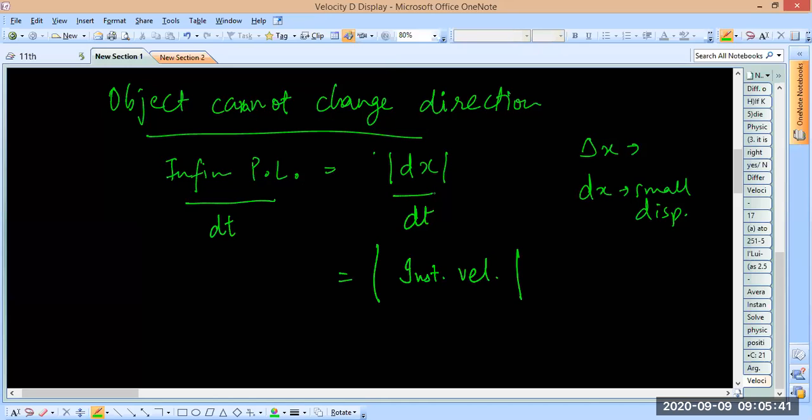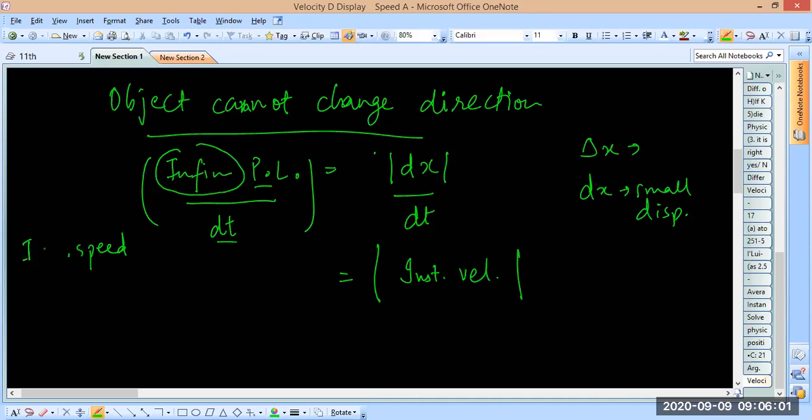On the left hand side, this is path length upon time interval, which should be called average speed. But this time interval is infinitesimal, so we don't call it average speed, we call it instantaneous speed.